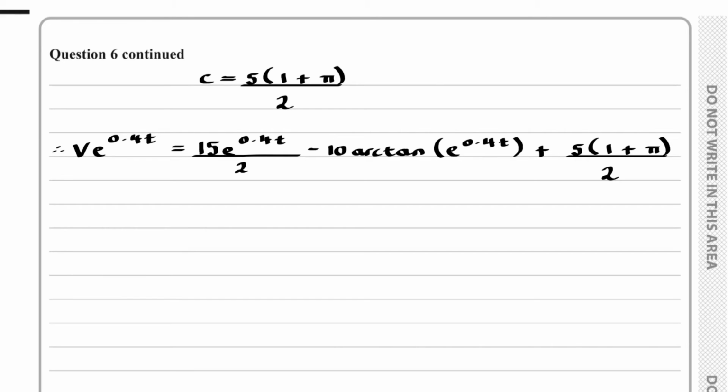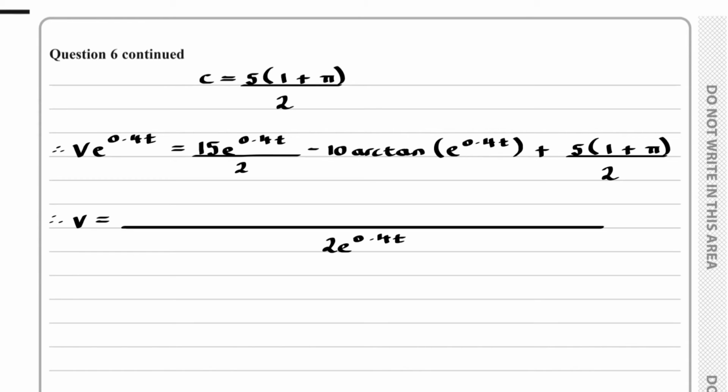So what we can do is divide through by e to the 0.4t, and retaining this 2, on the top we would have 15e to the 0.4t subtract 20 times the arctangent of e to the 0.4t plus 5 multiplied by 1 plus pi. And notice the 20 over the 2 gives the 10.